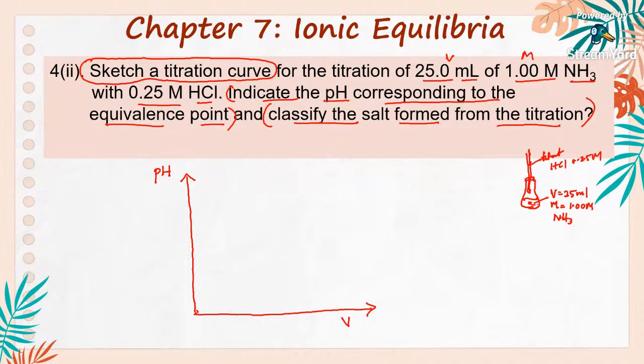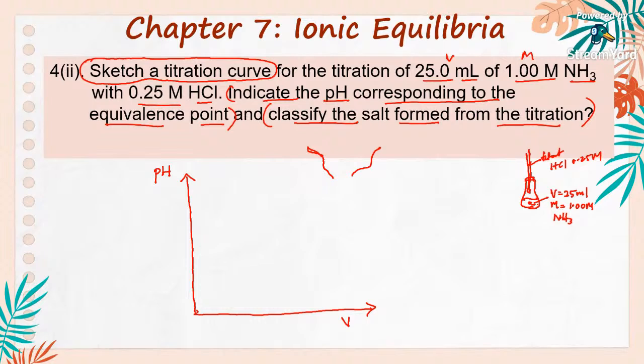So when you are able to identify what is in your conical flask and what is in your burette, only then will you know which kind of curve you will get, whether it's going up, down, or from down to up.